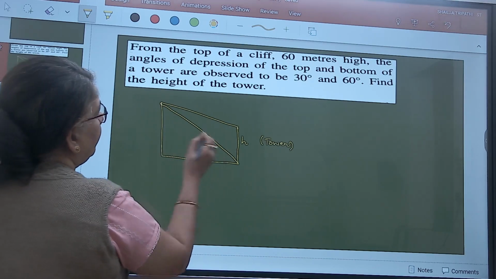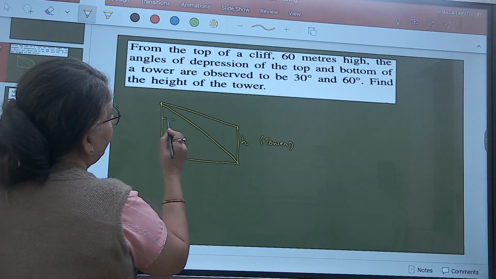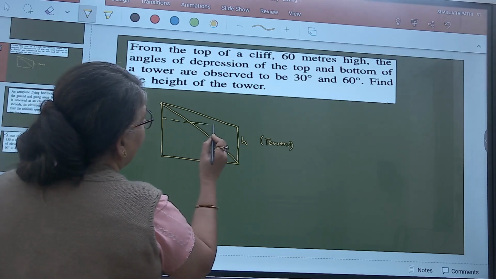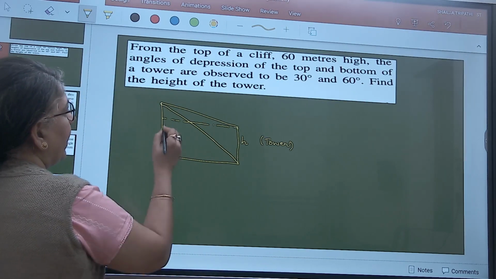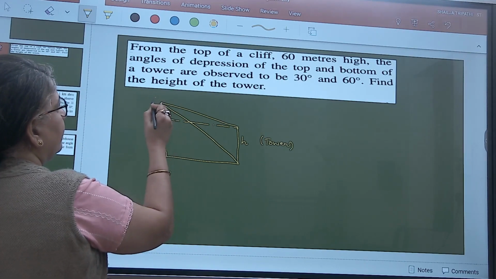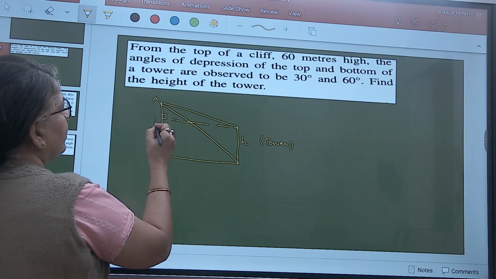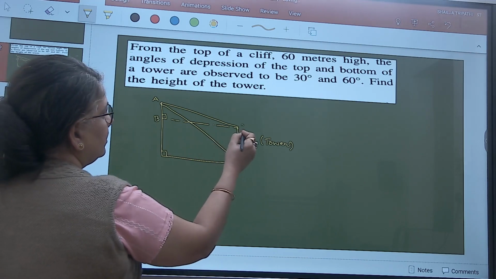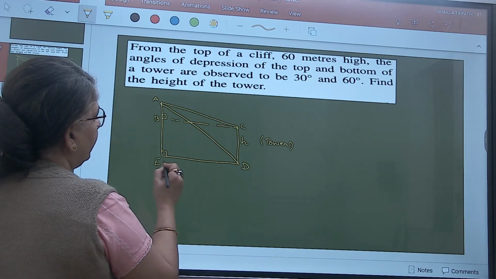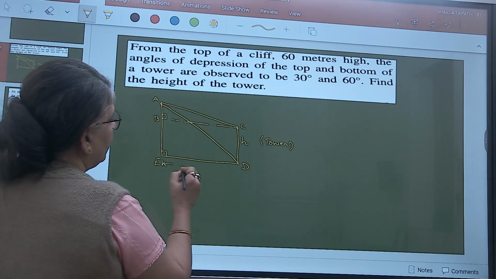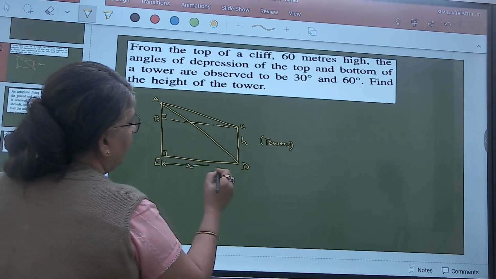Then we draw a line parallel to the ground. So we get two right angle triangles. Let's label it A, B, C, D and E. And let the distance between the tower and the cliff be x.